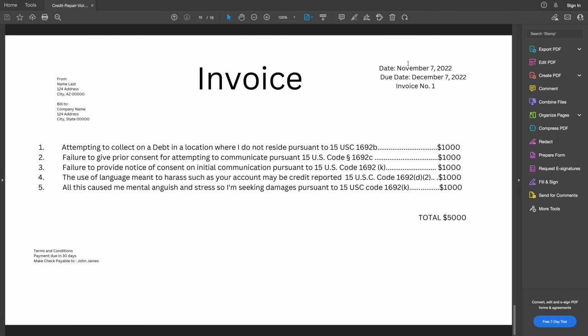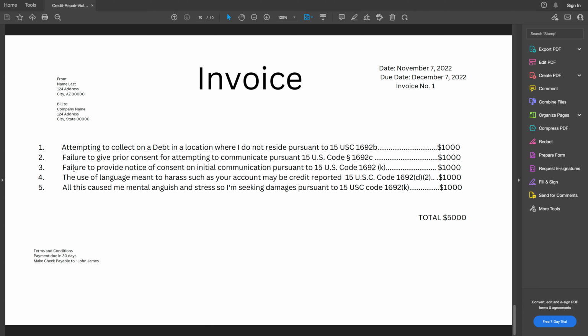You put the date, whatever date you send it, however soon you want it from you, and you're going to bill it to them. Now, these are the violations I just made generic. Attempting to collect on a debt in a location where I do not reside pursuant to 15 U.S.C. 1692b, $1,000. Failure to give prior consent for attempting to communicate pursuant to 15 U.S.C. 1692c, $1,000.